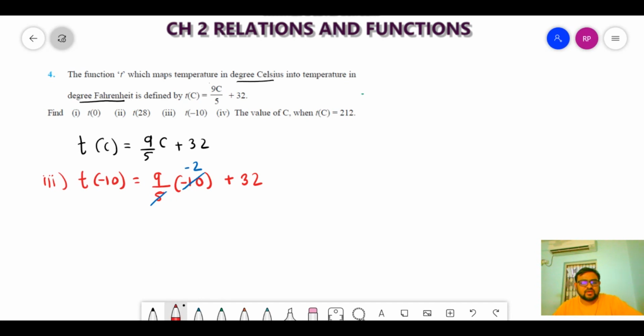Now 9 into minus 2 is minus 18, plus 32, so that will be equal to 14. That means minus 10 degrees Celsius is equal to 14 degrees Fahrenheit. So this was about the third question. Just note it down.